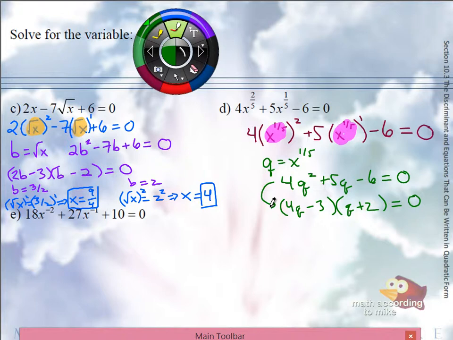So what does it say about q? Good. Did we start with q? No. What do we start with? x to the 1/5.